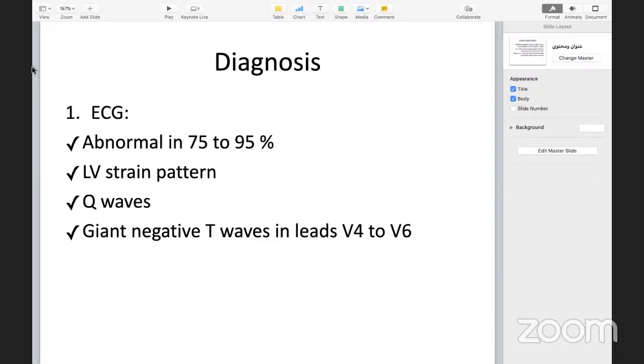First of all, for basics, you start with ECG. It's abnormal in 75 to 95% of the patients, and it will show things that are not specific, but you might see LV strain pattern, Q waves, and giant negative T waves in leads V4 to V6.